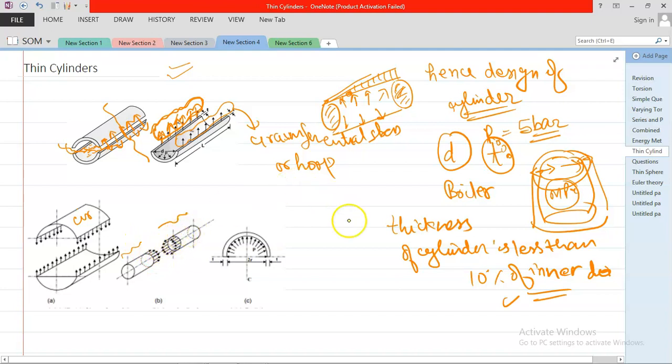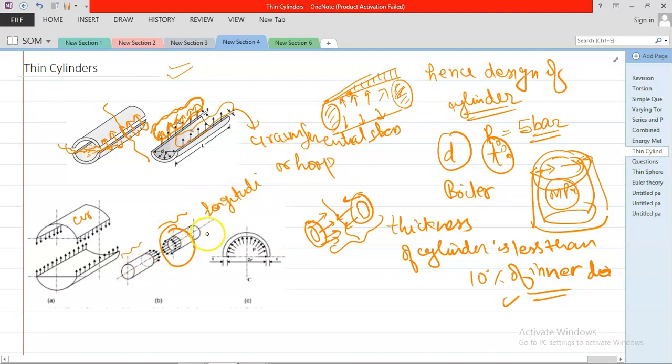Suppose I draw it here, these are your two parts and they are attached here. Hence along this axis they can break, and this is called the longitudinal stress. The stress that originates in the body along the longitudinal direction is called longitudinal stress.